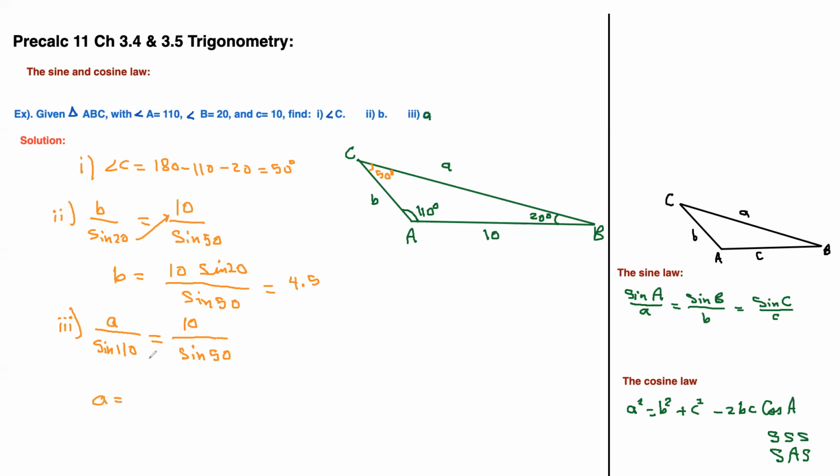A would equal, just cross multiply the sine 110 to the 10, so 10 sine 110 over sine 50. And that would equal 12.3.